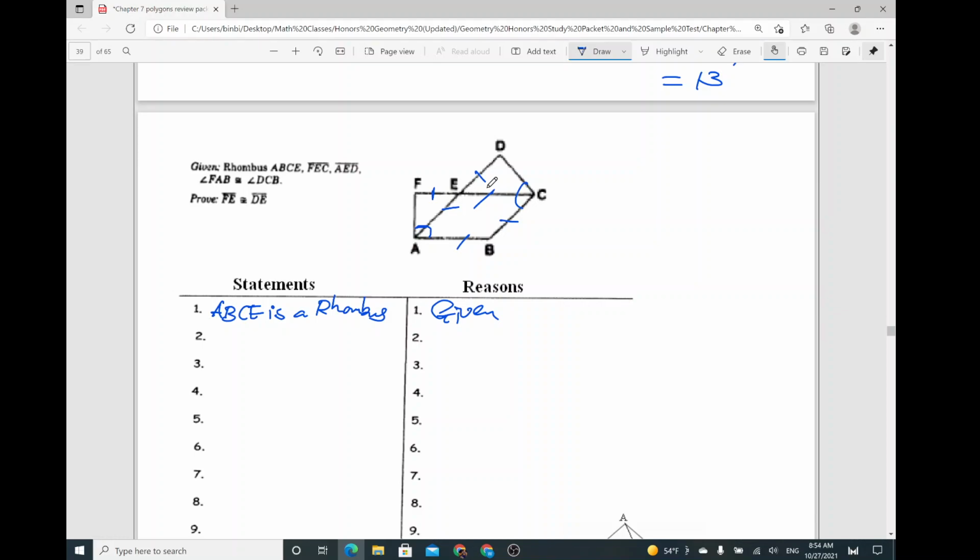So if that's a rhombus, that means we do have segment EC congruent to segment AE. This one is by using the definition of a rhombus, or the property of a rhombus, that would be more appropriate. Property of a rhombus.